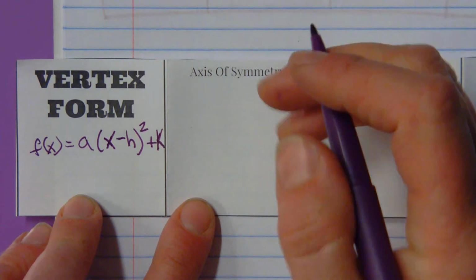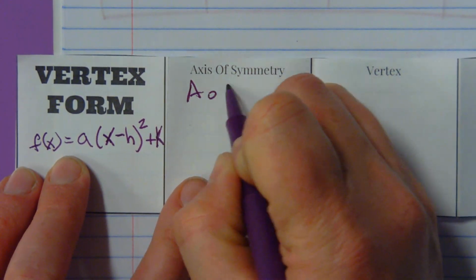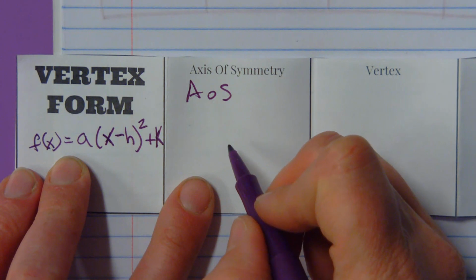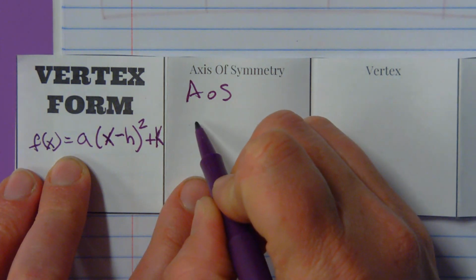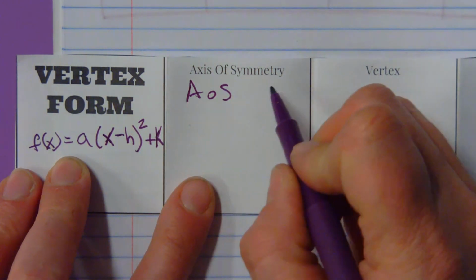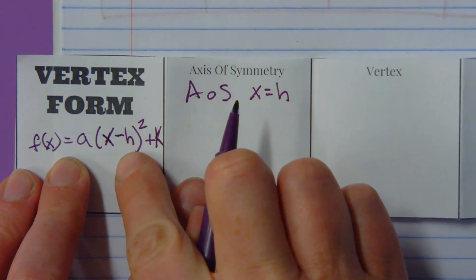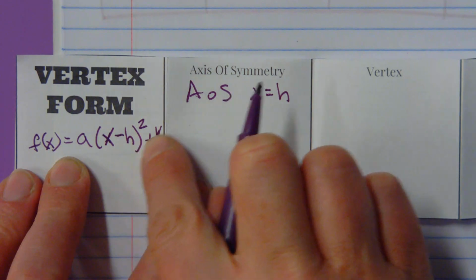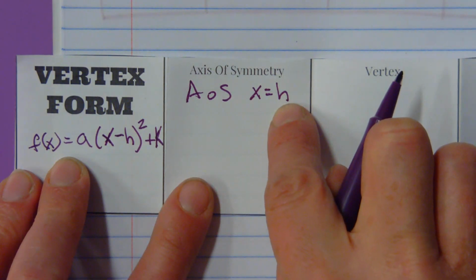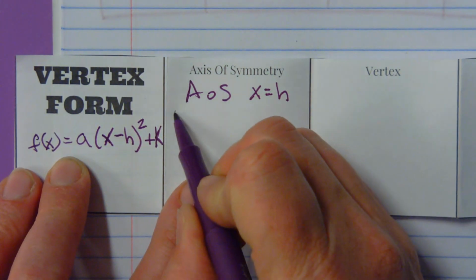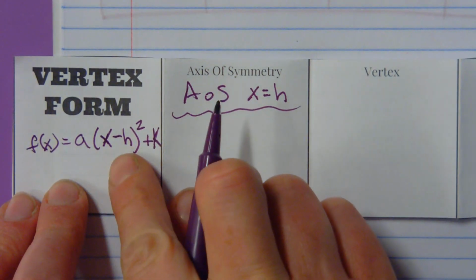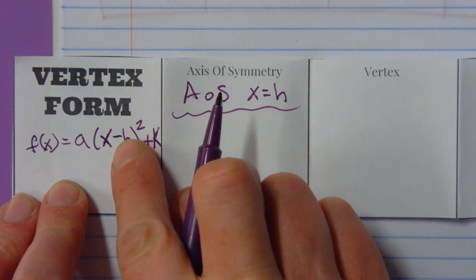It's that x value. So our axis of symmetry is found by looking at your h value here. It is x equals h. Whatever this value is right here, that's going to be your axis of symmetry. But you have to be careful because the format is x minus h squared.